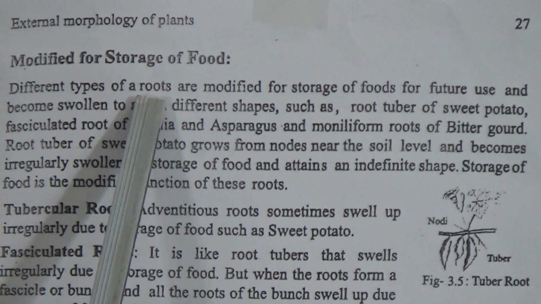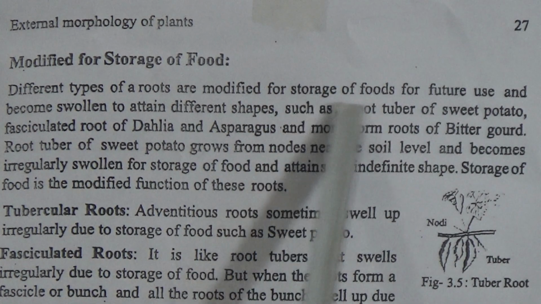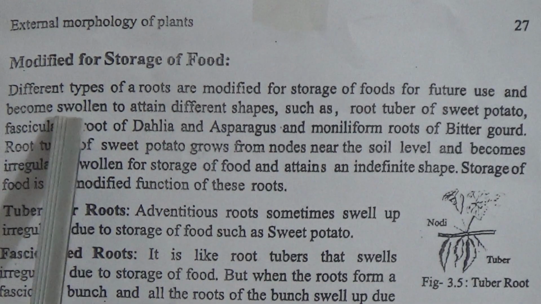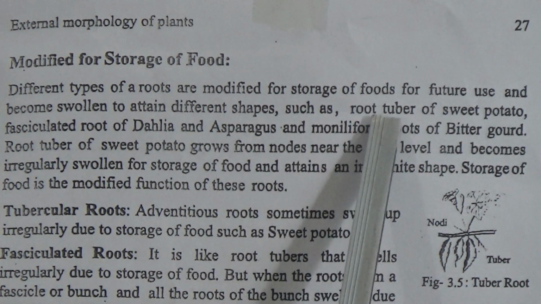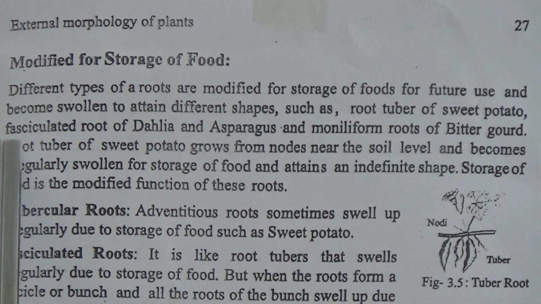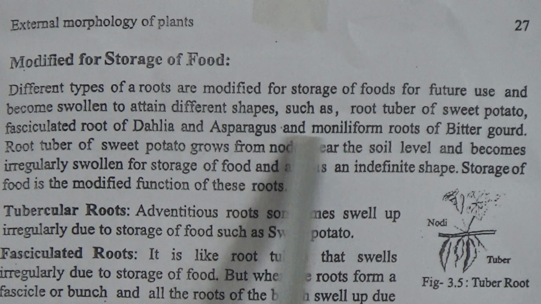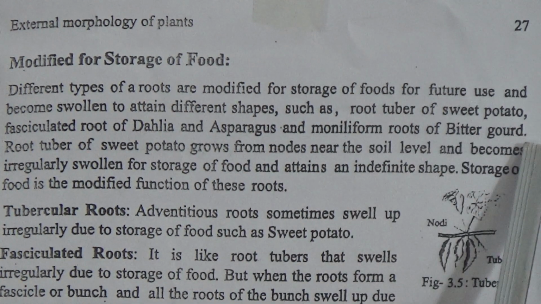Different types of root are modified for storage of food for future use and become swollen to attain different shapes, such as root tuber of sweet potato and fasciculated root of dahlia and asparagus and moniliform roots of bitter gourd.